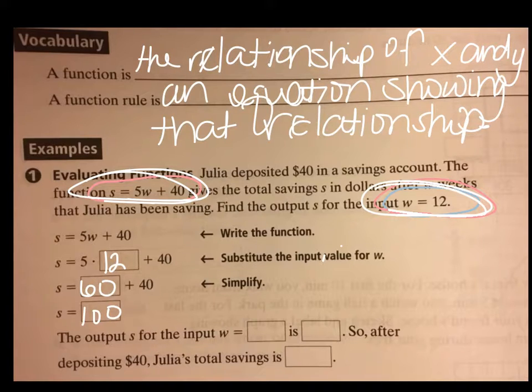So the output S for the input of W equals 12 is 100. Oh, I guess it wanted that one to say 60. Is 100. And all that means is, if I put 12 into that equation, 100 is my answer.